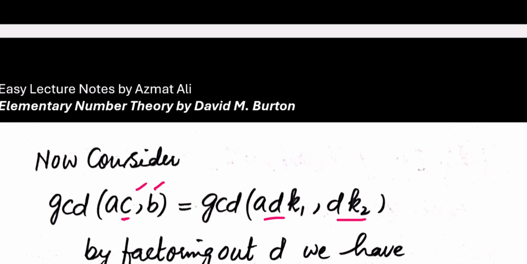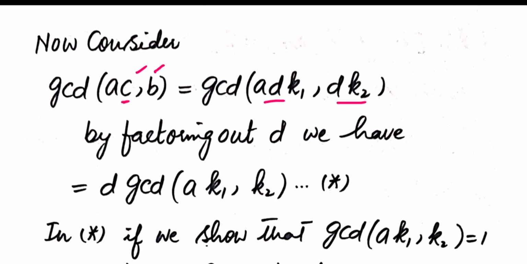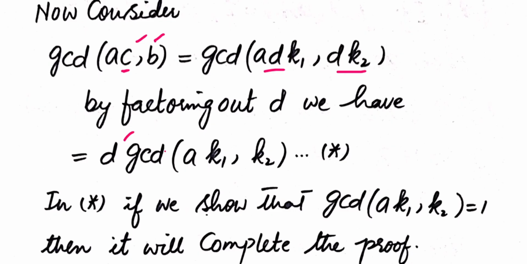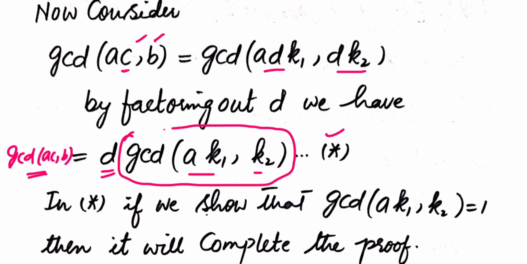By factoring out D, we have D times the GCD of A k1 and k2. Say this is star. My left hand side is the GCD of AC and B, and I have to show this side should be equal to only D. So if in star we show the GCD of Ak1 and k2 is equal to 1, then it will complete the proof.